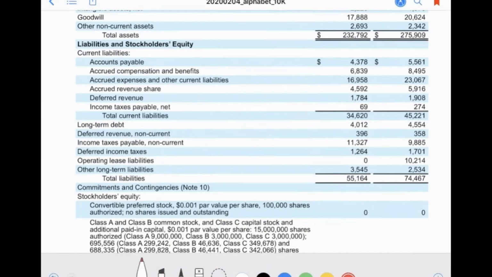If you look at the company's debt, on the current side, there is totally no debt. But on the non-current side, there's long-term debt over here, which is these two figures.